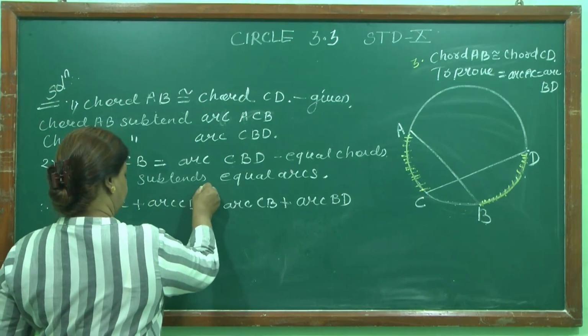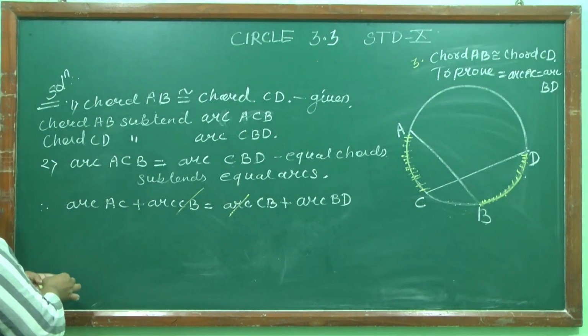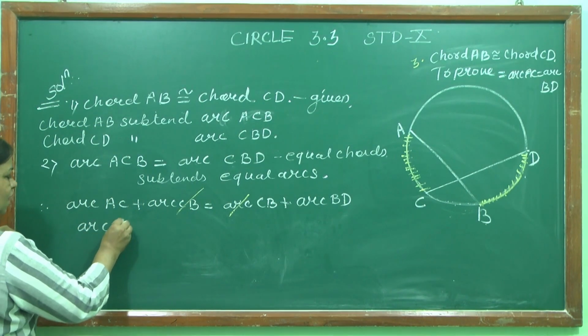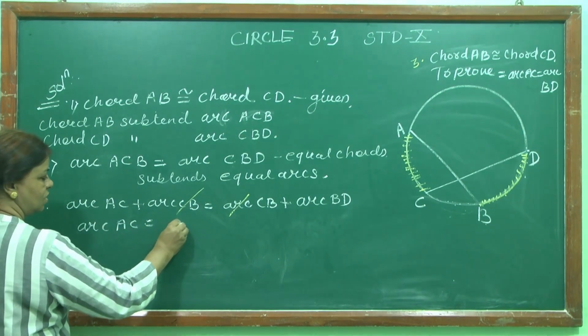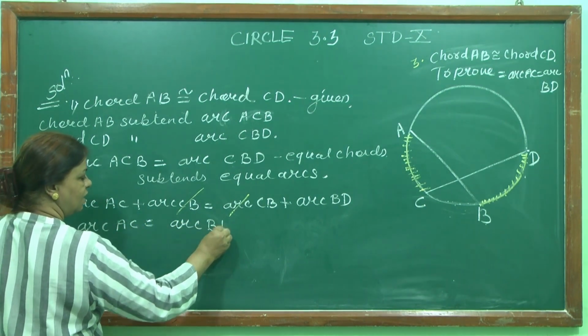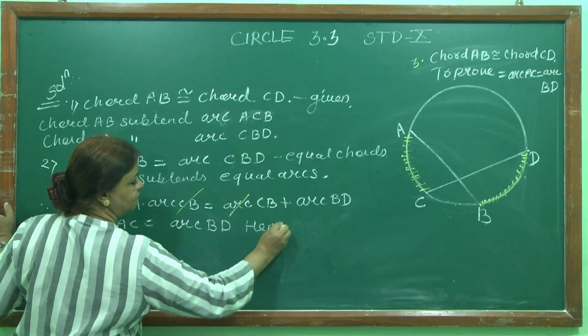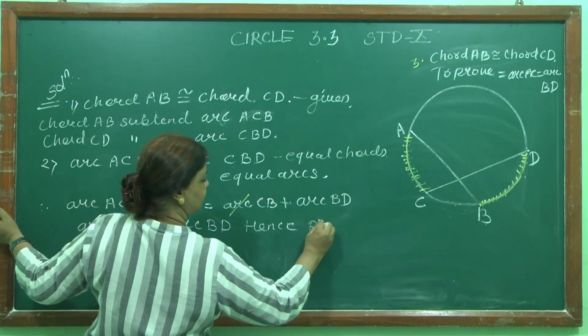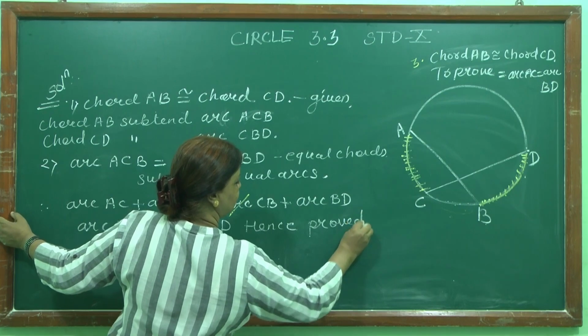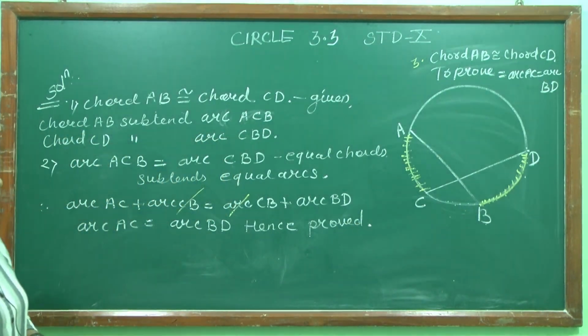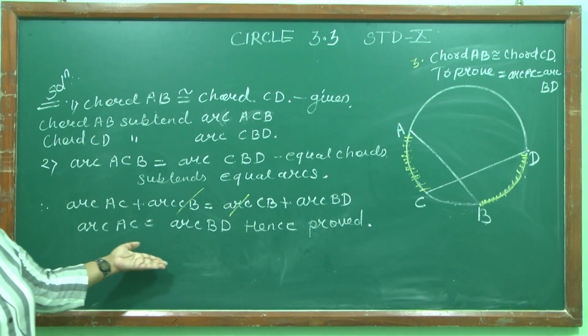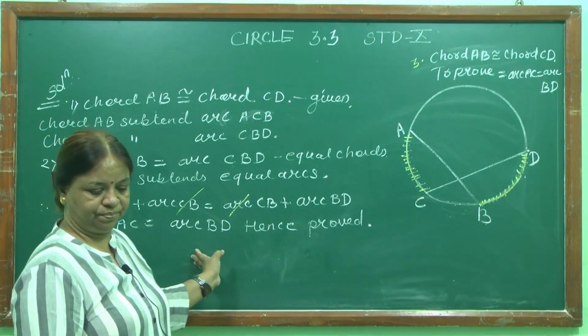Can I cancel them? So I'll get arc AC equal to arc BD, hence proved. Children, you can pause the video and you can write down.